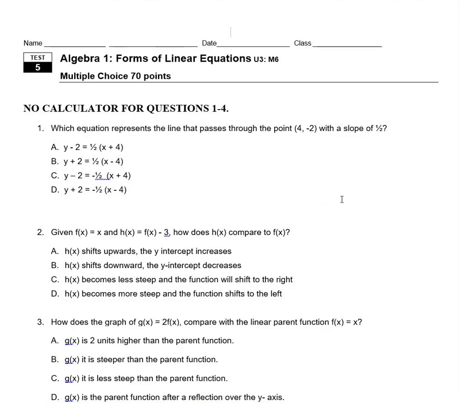Okay, then for question number 2, it says given f of x equals x and h of x equals f of x minus 3, how does h of x compare to f of x?